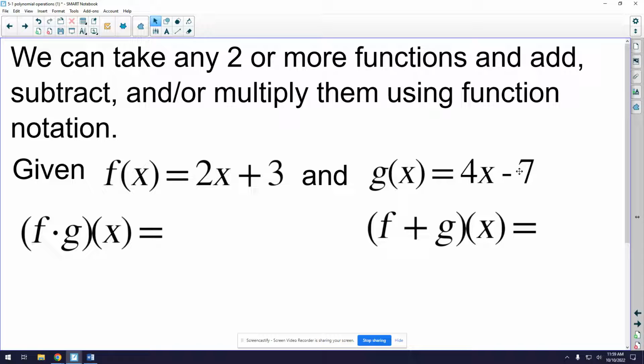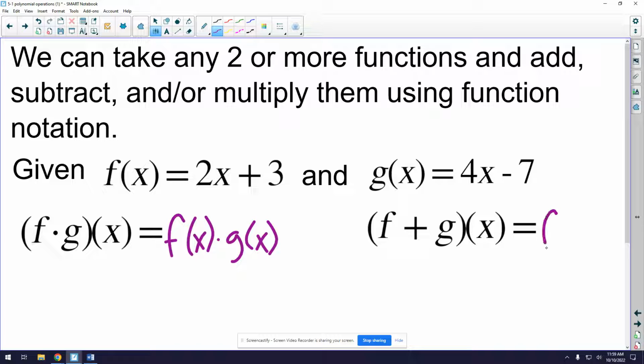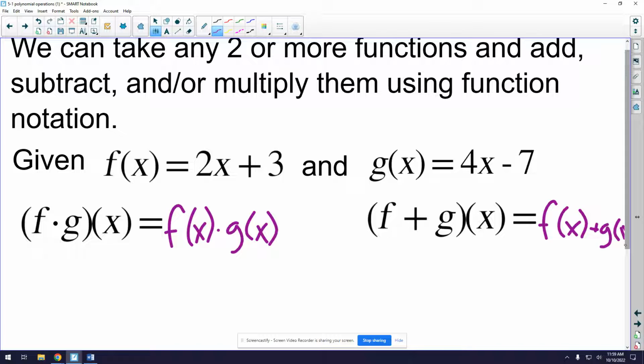So like I said, you've seen those before. Our notation here says we're going to take these two functions, f and g, and multiply them. Now you don't have to write this, I'm just showing you that the notation f times g of x is the same as saying f of x times g of x. Similar in the second one, that's the same as saying f of x plus g of x.